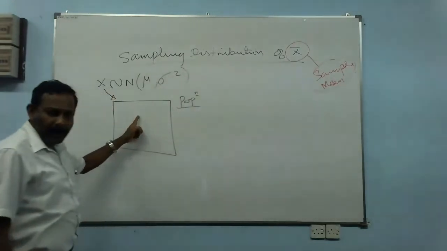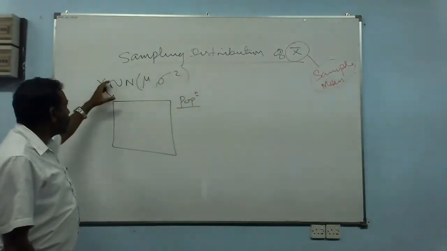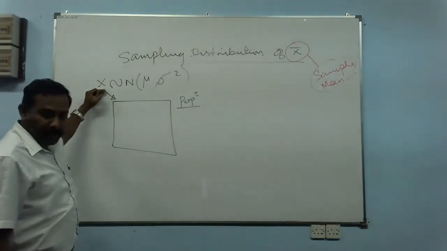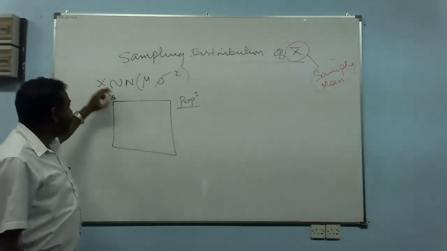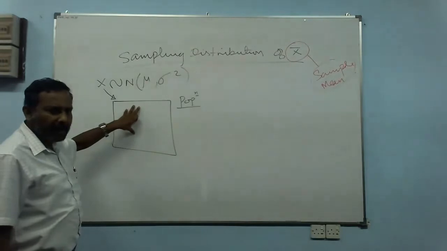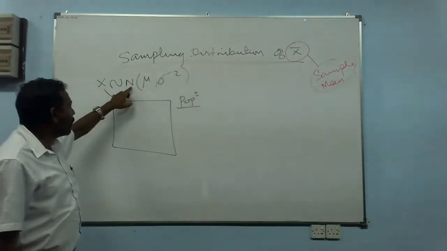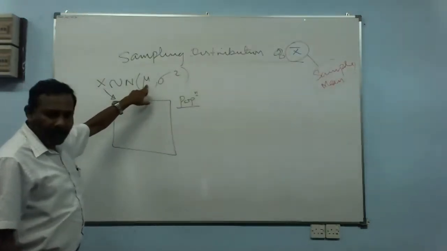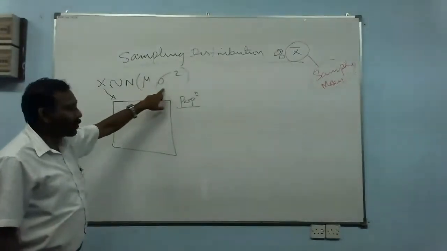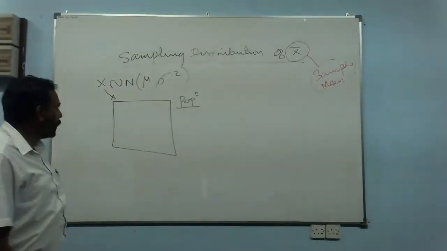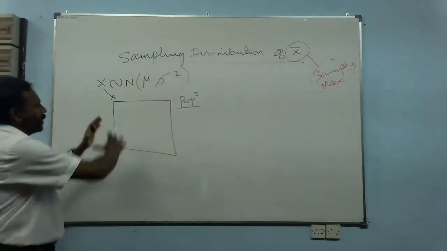This is the population, right? That has been defined as this population. Take a particular random variable. That random variable is distributed normally with the mean mu and the variance sigma square.